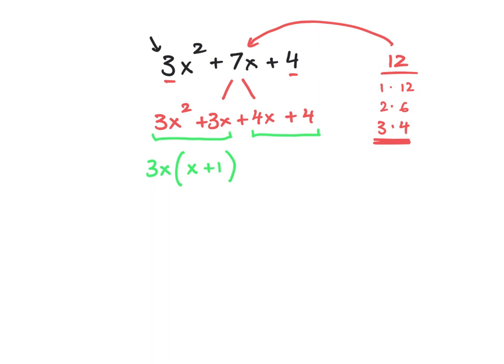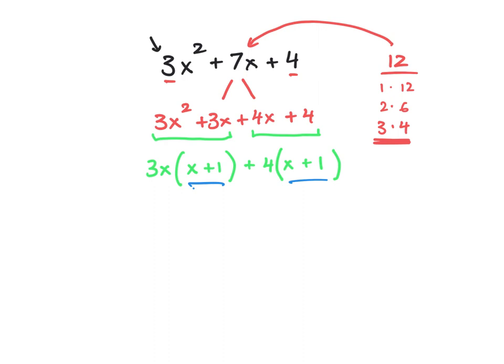Now we go to the last two terms, 4x and 4. The only thing they have in common is a 4. If I take out a factor of 4, what's left over is x and 1. Now notice that I have an x plus 1 in each of those two terms.